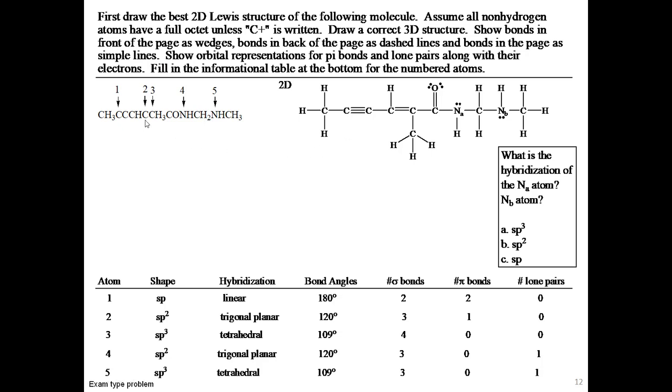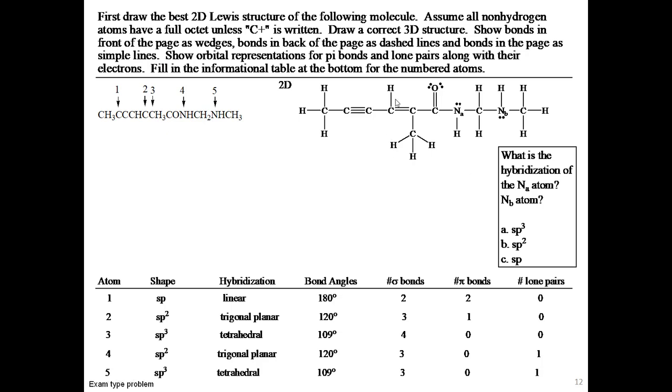Okay, if we go to the next one, this carbon right here, that has the CH3, we can see that's sp2, trigonal planar, and 120-degree bond angles. Number of sigma bonds will be 3, number of pi bonds will be 1, and there are no hydrogens. I guess that was number 3.